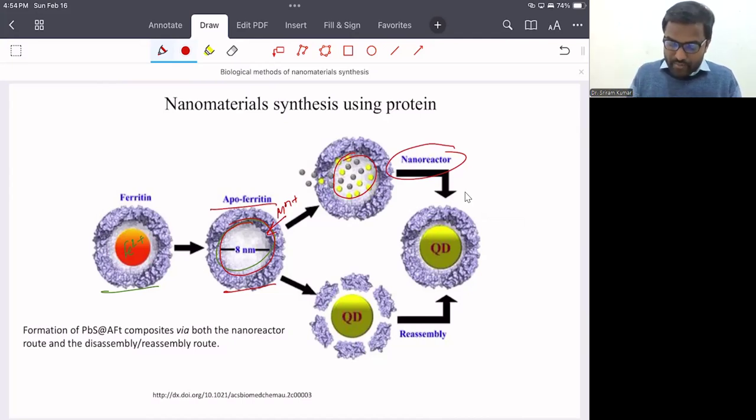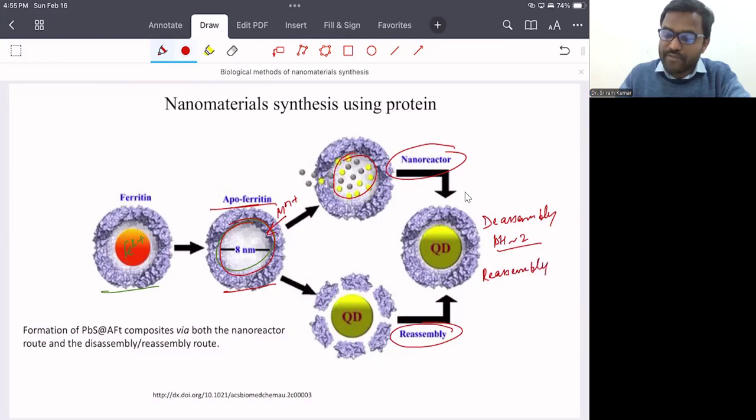The second approach is a reassembly and de-assembly process. With apoferritin, we can play with the pH, and based on the pH we can change between assembly and de-assembly. The de-assembly can happen if the pH is close to 2.